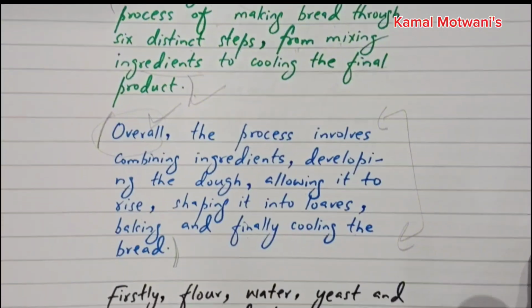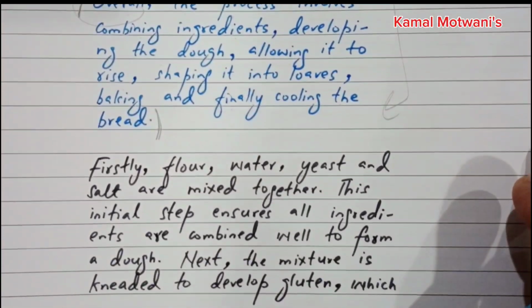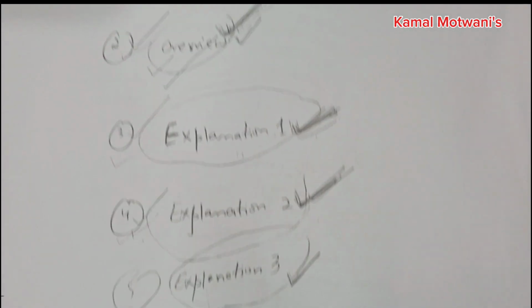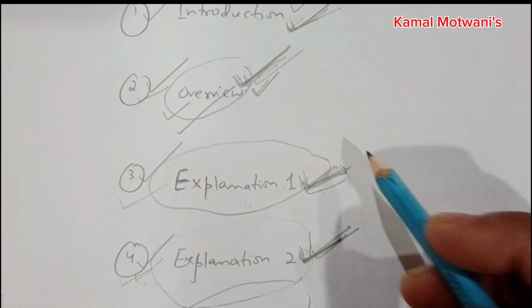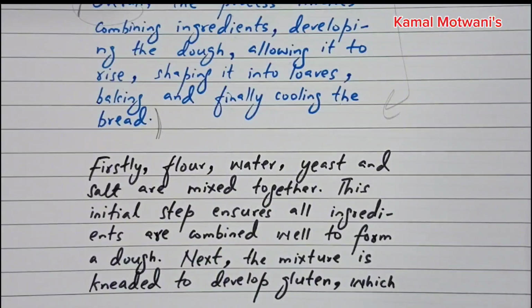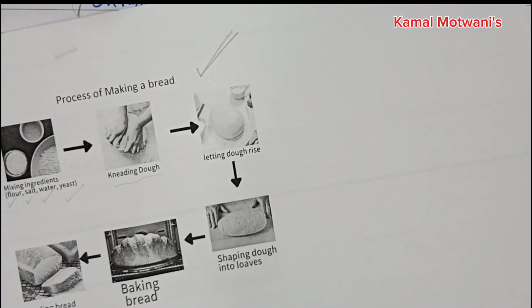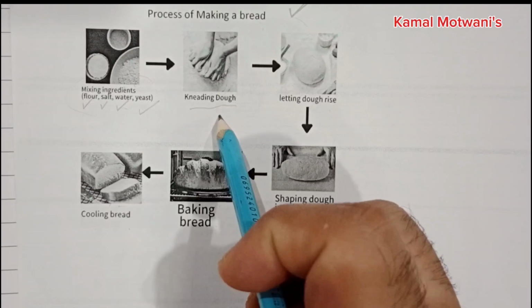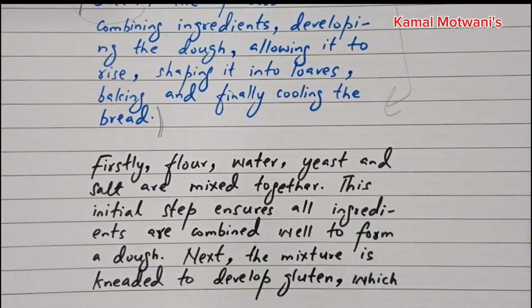Okay, this is the third paragraph, pertaining to explanation 1, where I have explained the first two steps. The first two steps are, I am repeating, mixing of the ingredients, and the second one is kneading the dough. Let's read how I have explained these two steps in paragraph format.